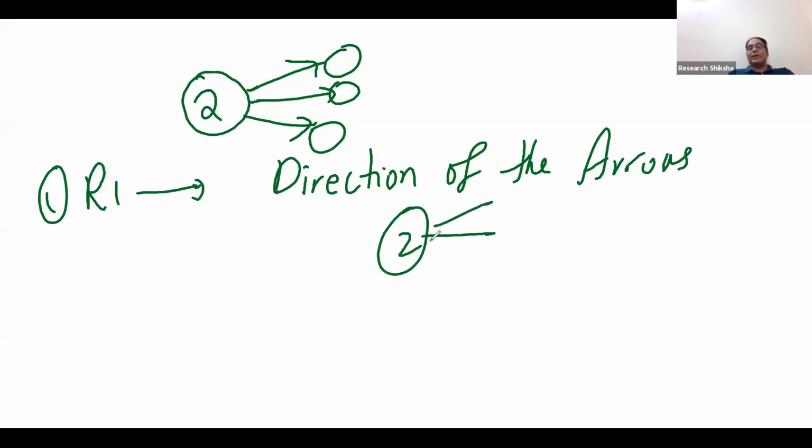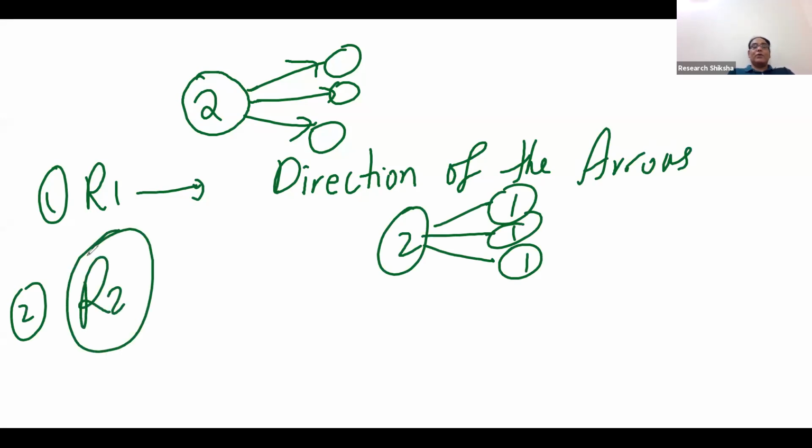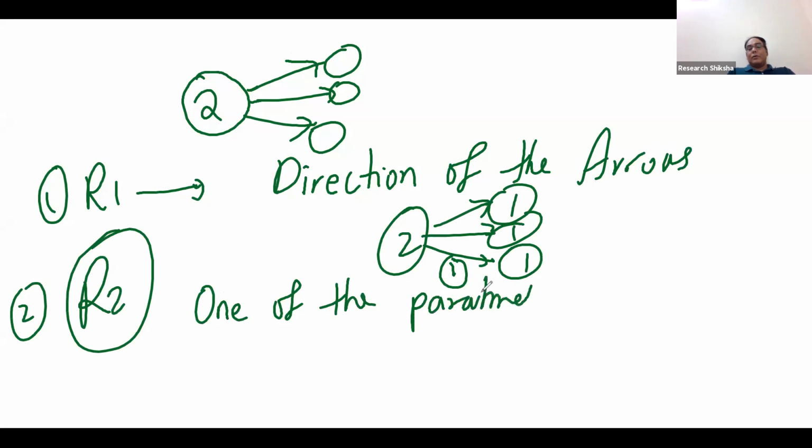It emerges from the second order and moves to the first order. Then rule number two: one of the parameters is one. Rule number two.